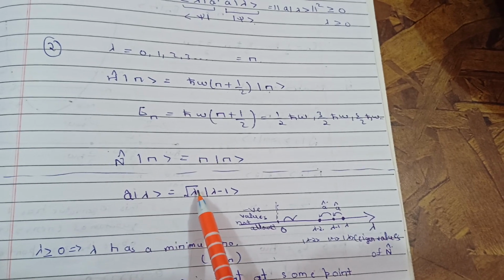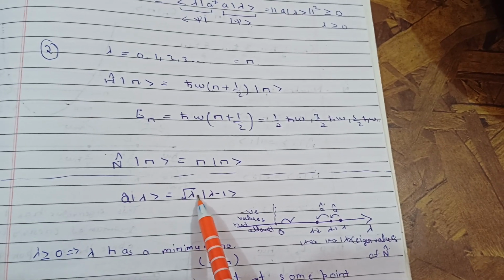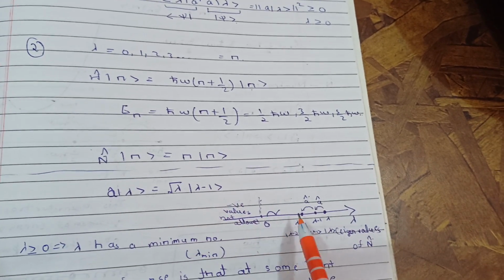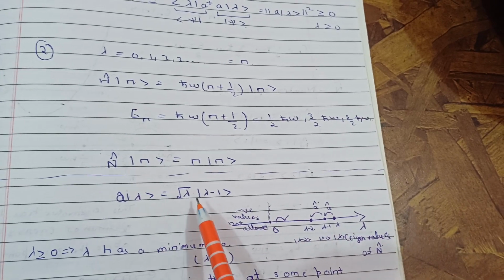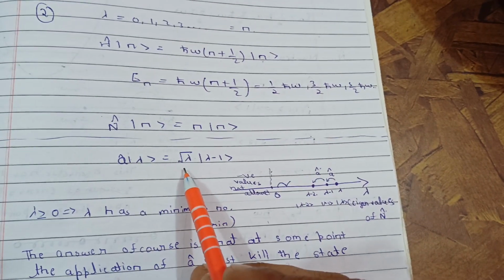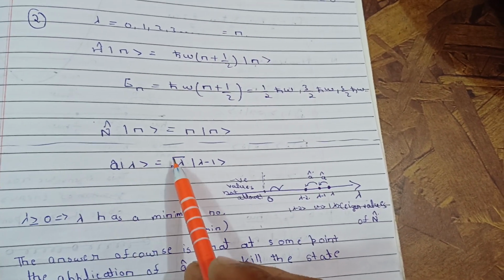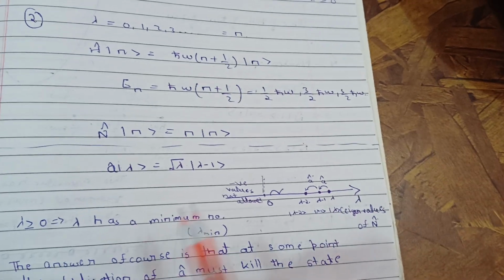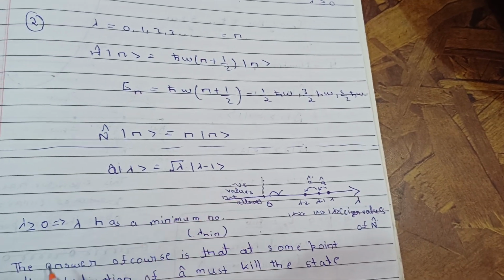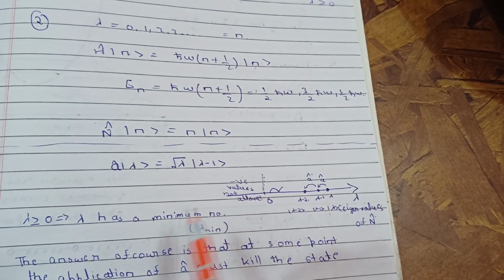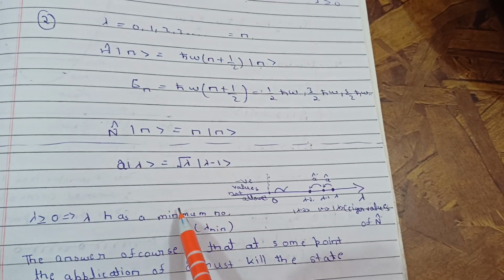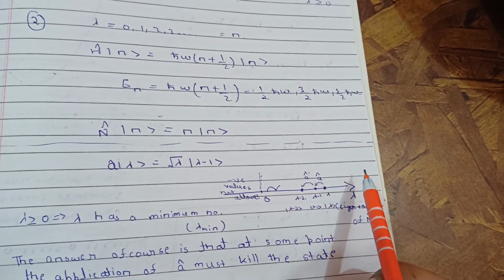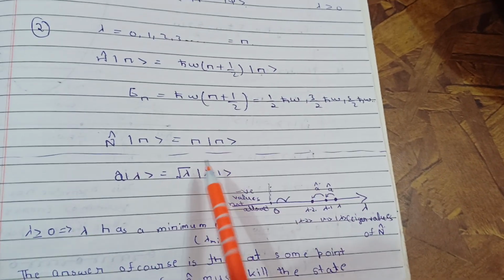If at lambda equal to 0, after that there will be 1, 2, 3, 4, 5, 6. If there is some other number like 0.5, then after operating this lowering operator, it will go to minus 0.5. So that is not possible. That's why the last state should be 0. So if it is 0, then all others will be 1, 2, 3, 4, 5, 6. Only then is it possible.